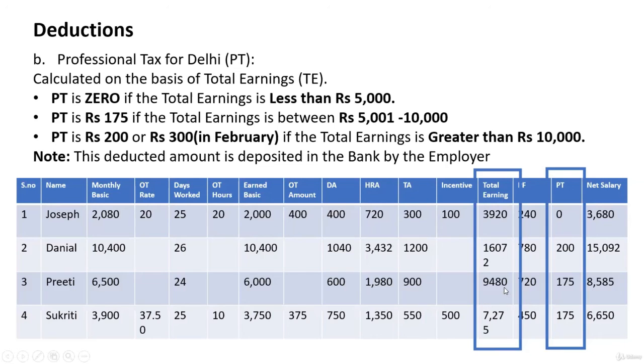So here in the case of Preeti and Sukriti, these earnings belong to the range of 5,001 to 10,000, so I had taken the professional tax of 175 rupees. And the professional tax is 200 or 300 rupees if your total earnings are greater than 10,000 rupees. This professional tax deducted by the employer is deposited in the bank.